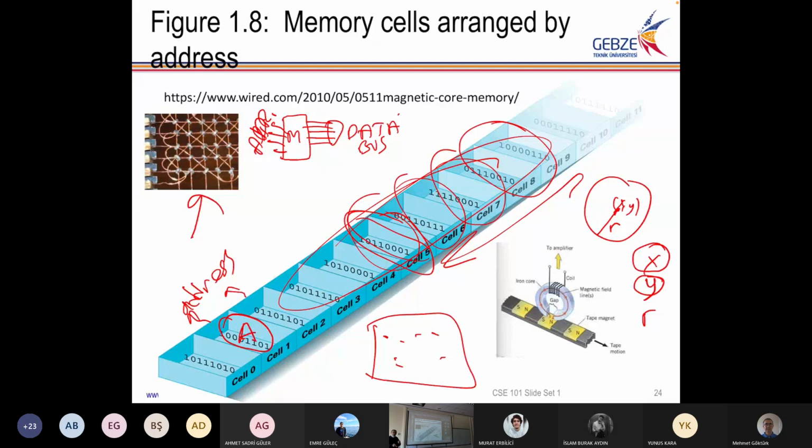Okay. If you don't want to store text, but you want to store color, color can be represented in many ways.